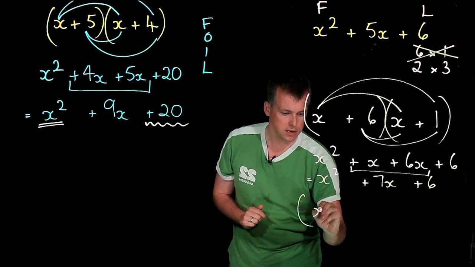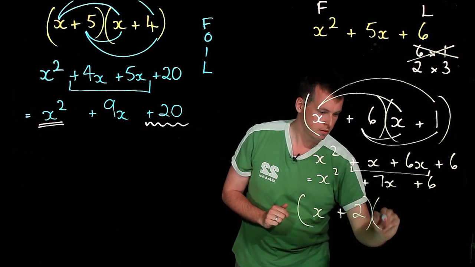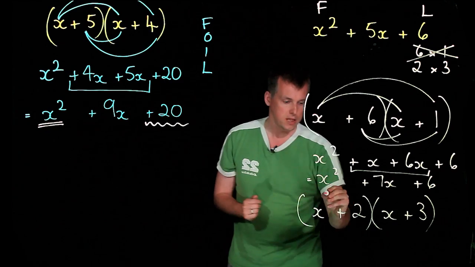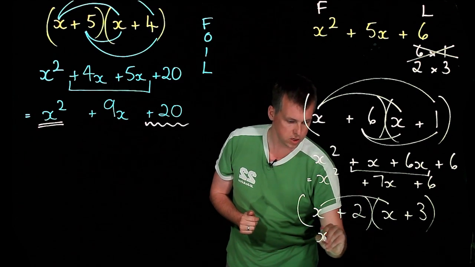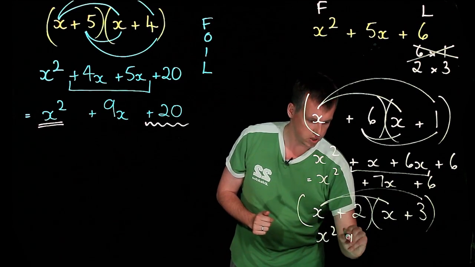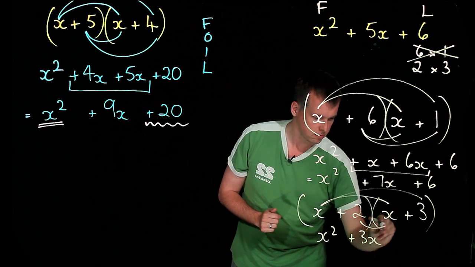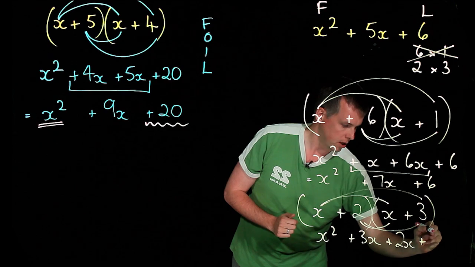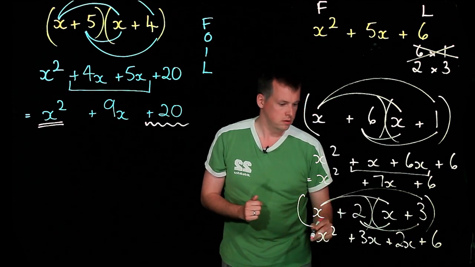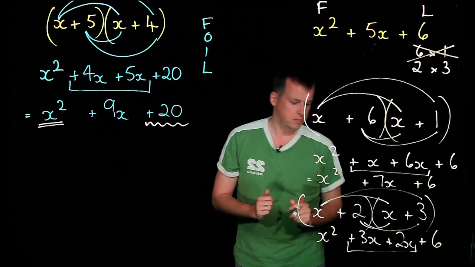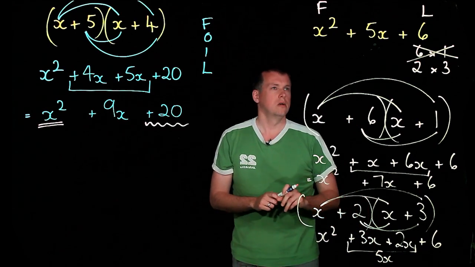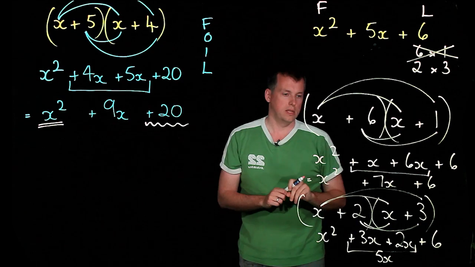So if we look at that and check by expanding the brackets, we end up with x squared plus 3x plus 2x plus 6. And if we collect together the x terms there, we end up with 5x altogether, which is what we needed there.